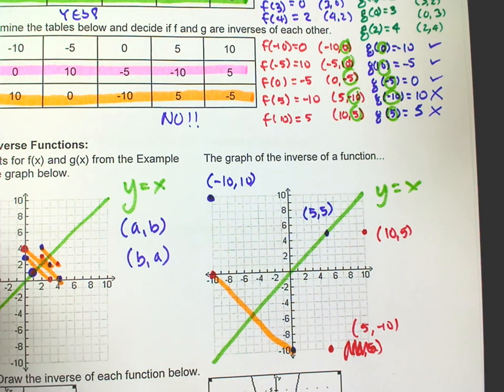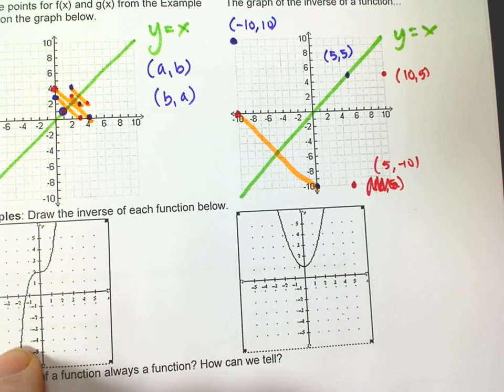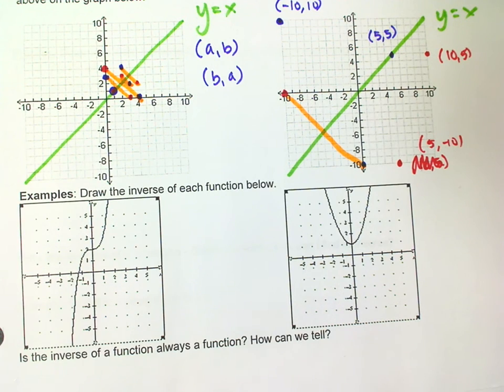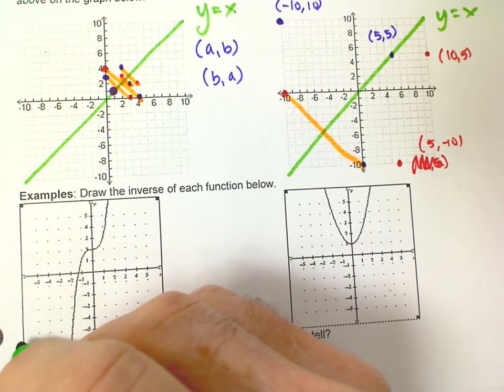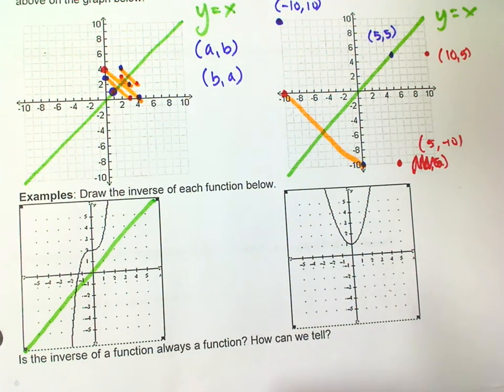Okay. So let's take a look at a set of graphs that are given to us, and then we're asked to draw the inverses of those. Okay? Now, one thing we could do is actually draw the line here and do that geometry of redrawing this by doing that reflection.